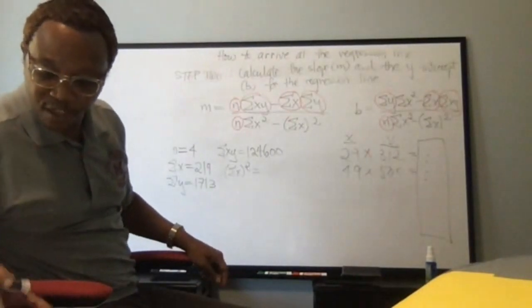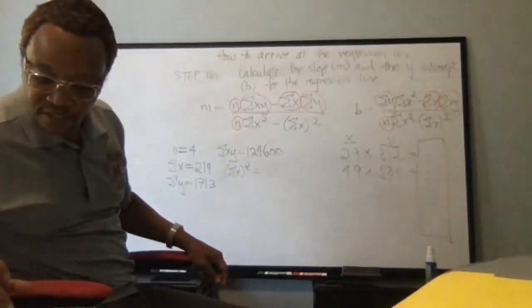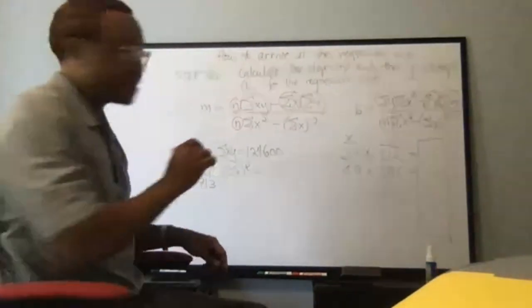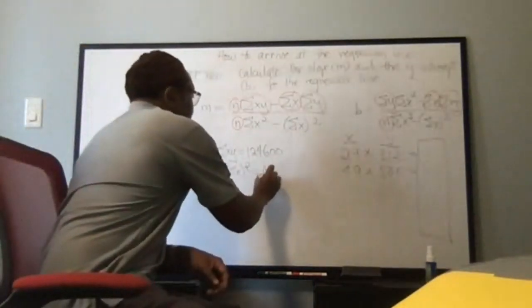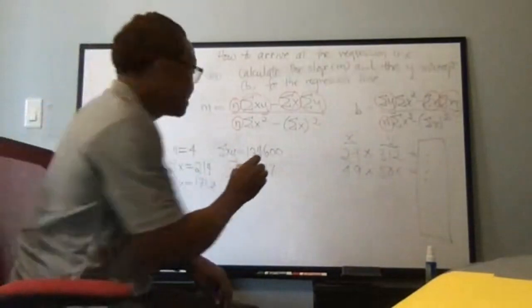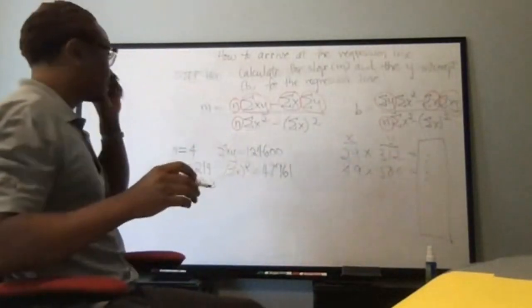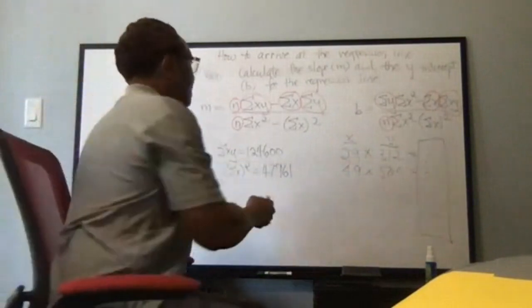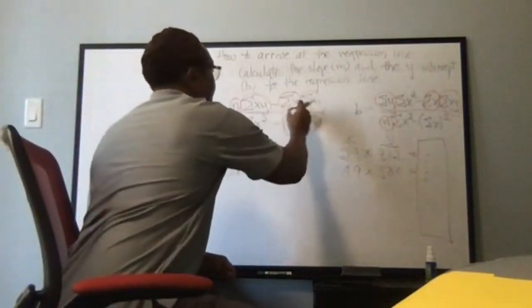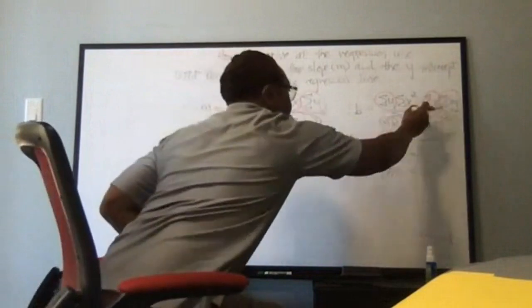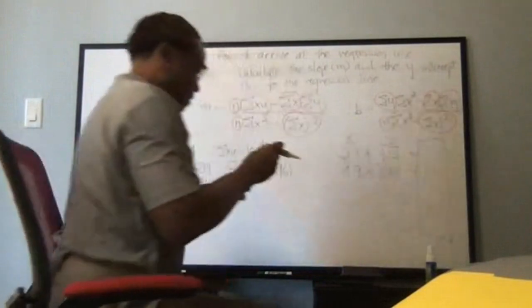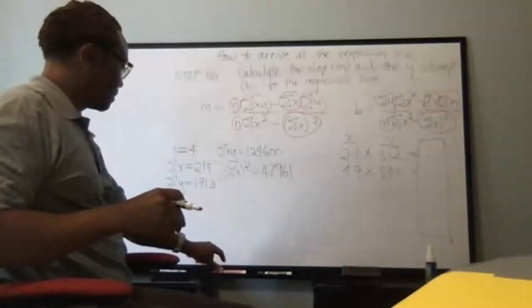219. You can either multiply it by itself or just raise it to the second power. Okay, I'm getting 47961. Did you guys get that? 47961. So that's this one, and that's this one. Very good.